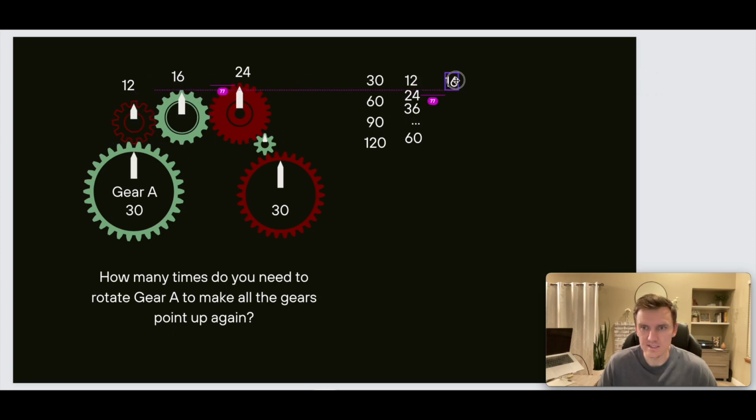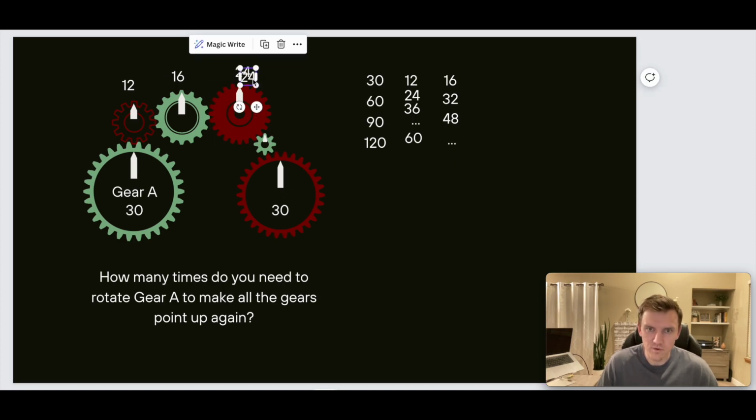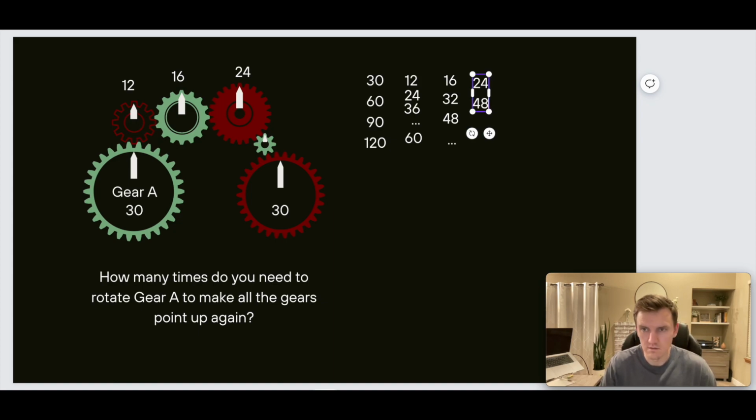Now, if we take that same idea and apply it to the rest of these gears, we can find the first multiple that matches for all of them. For 24 it would be 24, 48, and what comes after that? 64?